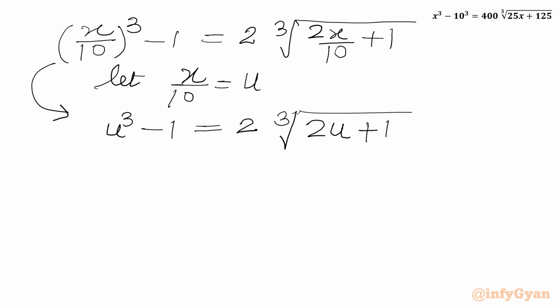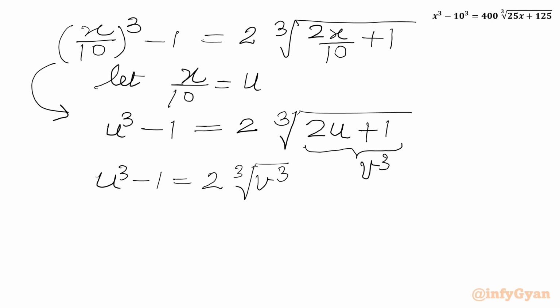Now I can consider this radicand equal to v cube. So I can write our equation u cube minus 1 equal to 2 times cube root of v cube. So cube root and cube will be over. We will get our first equation u cube minus 1 equal to 2 times v.